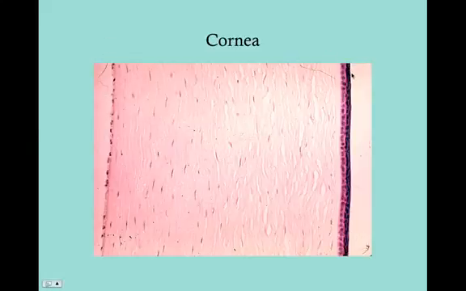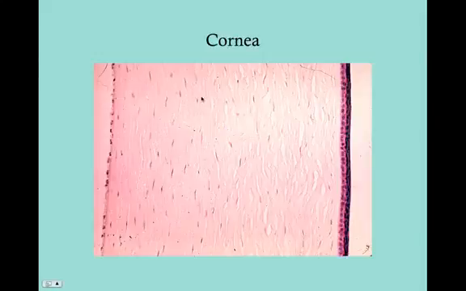So starting from the outside, working our way in, we have the epithelium. This is stratified squamous epithelium. So these outer cells are flat like pancakes. You can see the flattened nuclei here, and then they become a little bit more columnar as you work your way inwards. Separating the epithelium from the stroma is a thin layer of basement membrane called Bowman's layer.